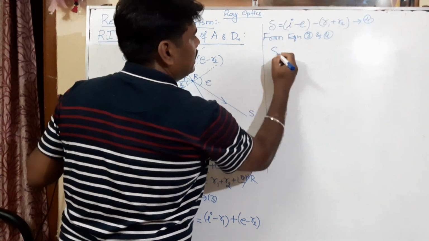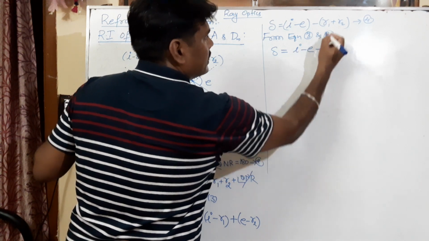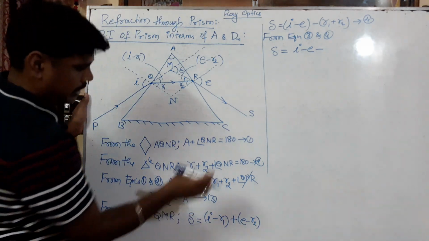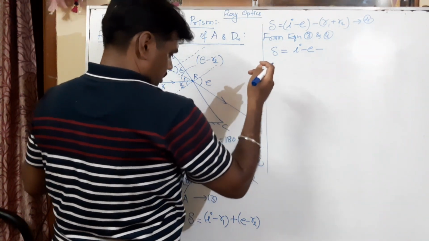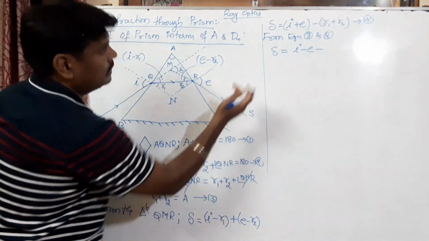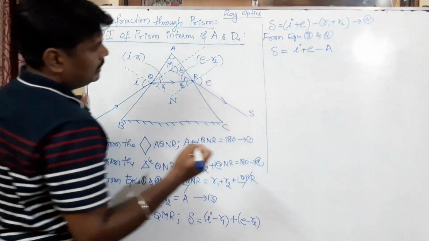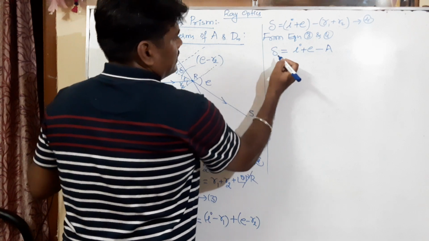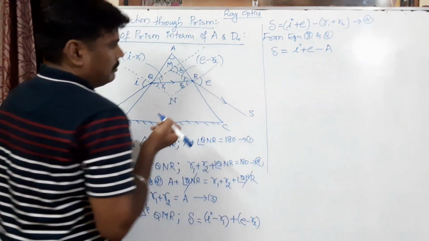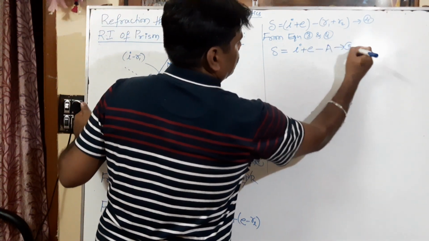Equation 4 becomes delta is equal to I plus E minus A. Clear? In the next step you can simplify this, but we keep it as it is. It is equation number 5.